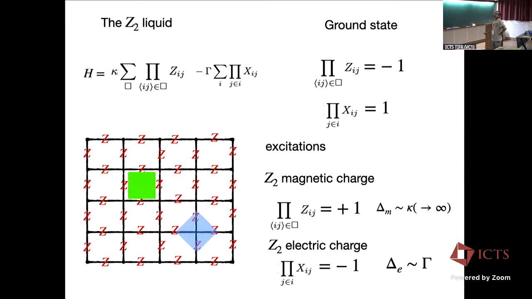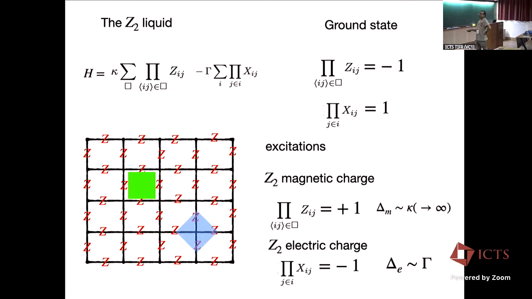So going back to the Z2 liquid in this large gamma, the ground state, of course, obeys this. But if one wants to create excitations, one basically flips the product of Z's around the plaquette from -1 to +1, and the product of X's around the site from +1 to -1, and these are the basic excitations.